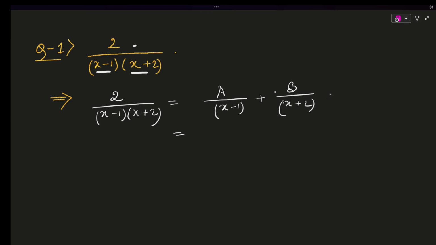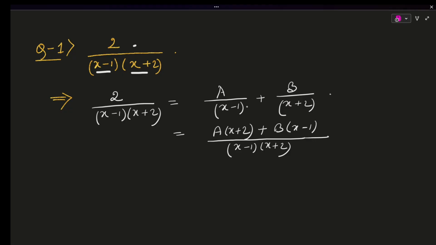Then we just take the LCM of these two. It should be (x minus 1) into (x plus 2). A into (x plus 2) plus B into (x minus 1).